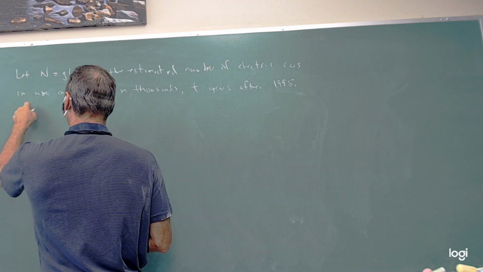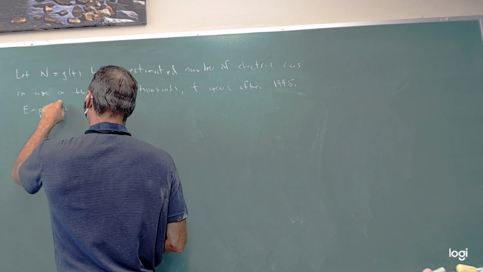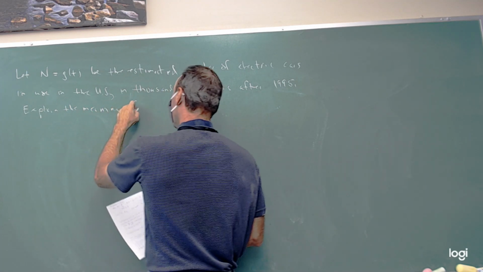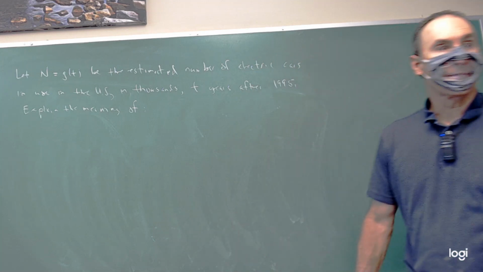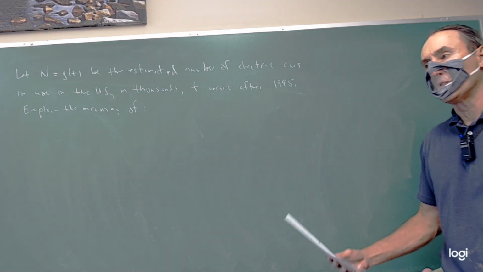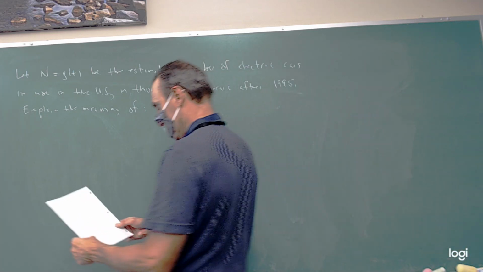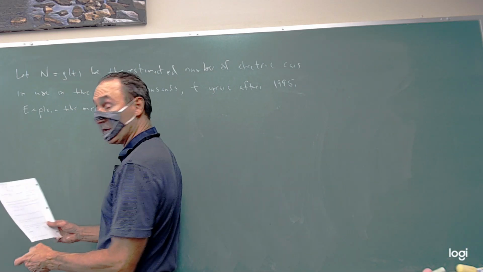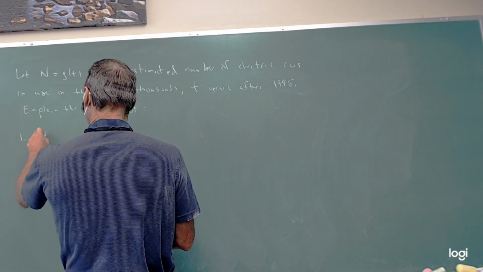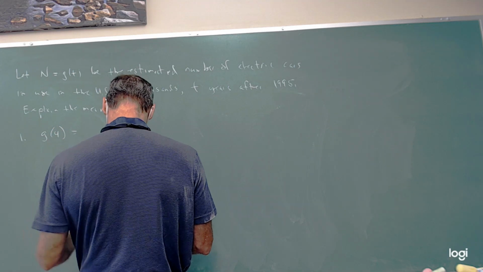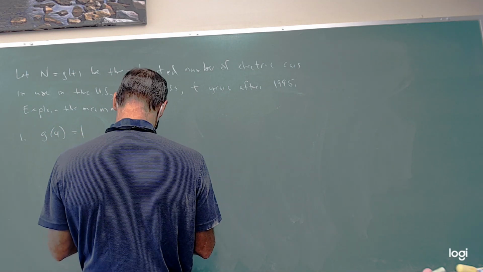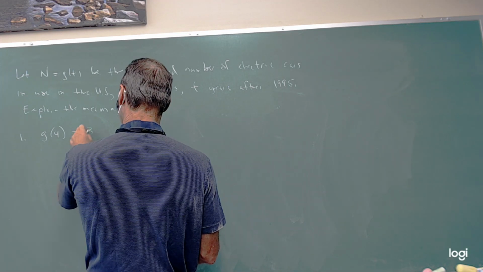Explain the meaning of, we're trying to work our way from confidence builder to kind of soul crushing difficult. You'll get that pretty quick. We'll progress pretty quick. So first is G of 4 is equal to 132, I think that's a 32.